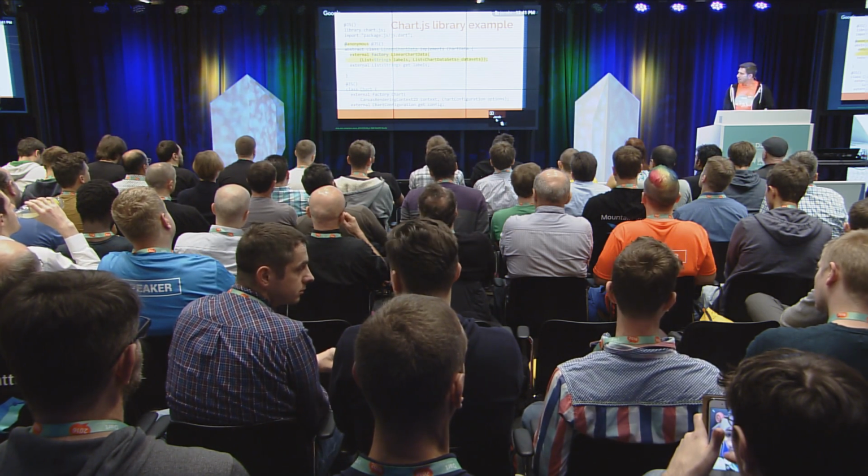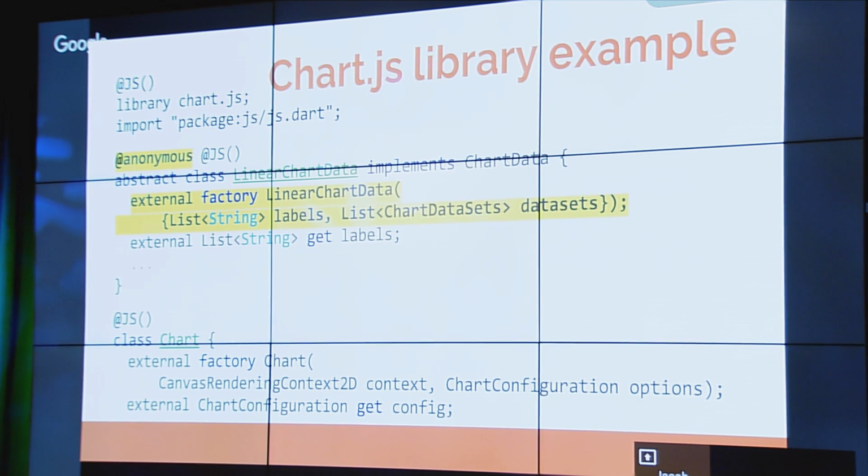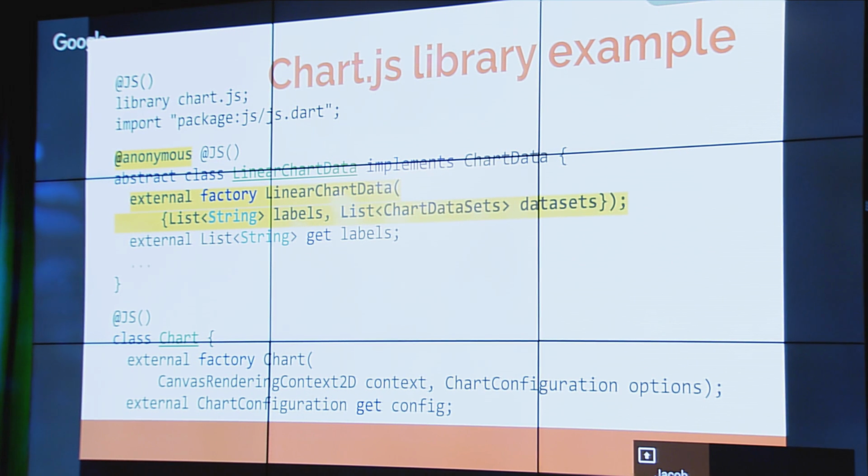So what's this anonymous annotation? That indicates that this JavaScript class just corresponds to a JavaScript object literal, not a class with a real JavaScript constructor. It's something people love to do in JavaScript. And using this annotation is really useful for giving structure to APIs that otherwise would just be a big bag of properties.